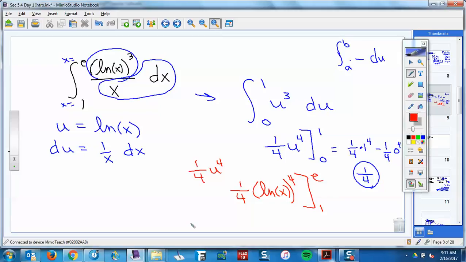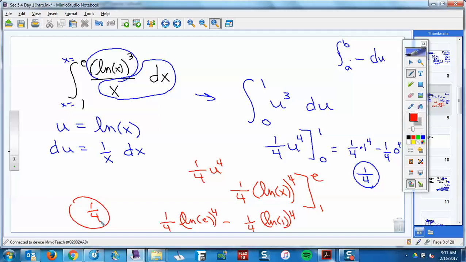So now we get 1/4 ln e to the 4th minus 1/4 ln 1 to the 4th. And what's ln e? That's 1. 1 to the 4th is 1, so that's 1/4. And ln 1 is 0, 0 to the 4th is 0, so we get 1/4 minus 0, we get 1/4. You see, you get the same answer either way.